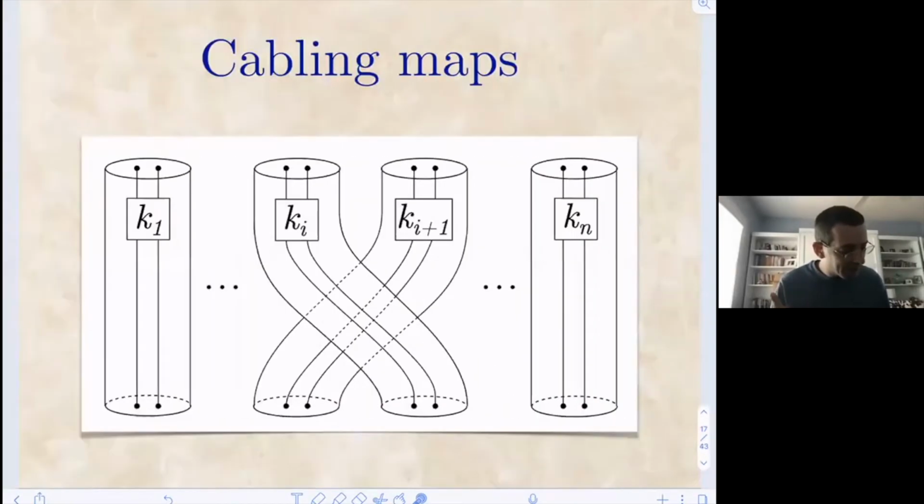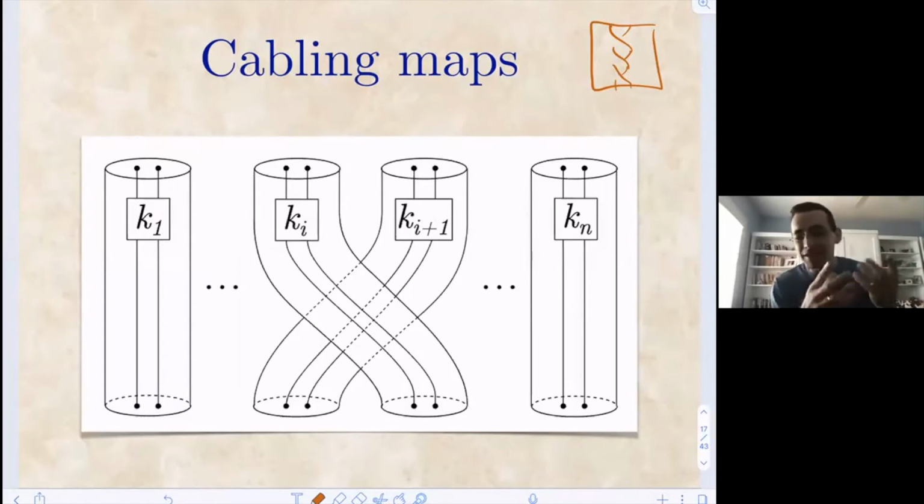There's more complicated cabling maps where inside each tube you allow some number k_i of twisting, so it could be a positive or negative number. Inside one of those boxes, it just looks like this, some amount of winding. Now if you want a homomorphism, you can't choose any numbers k_1 through k_n, but they have to satisfy some linear equations that the braid relations impose.